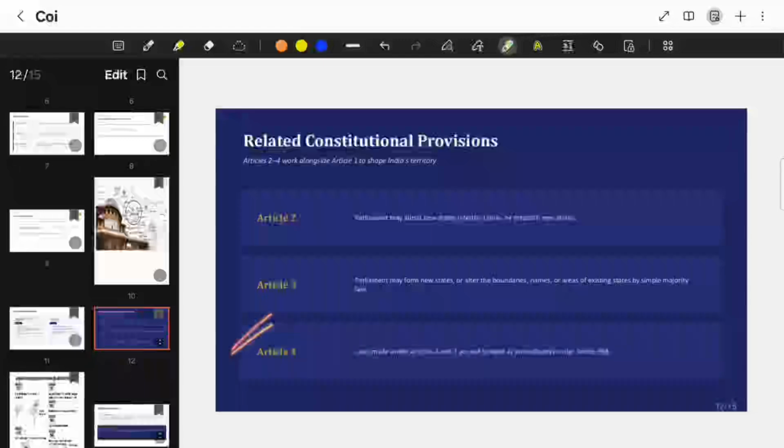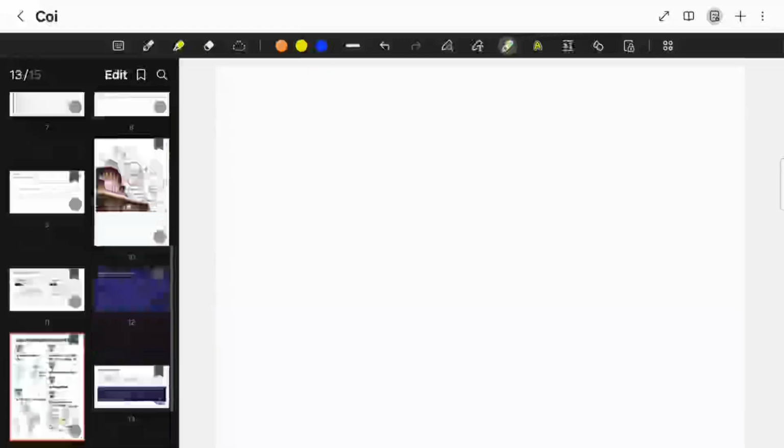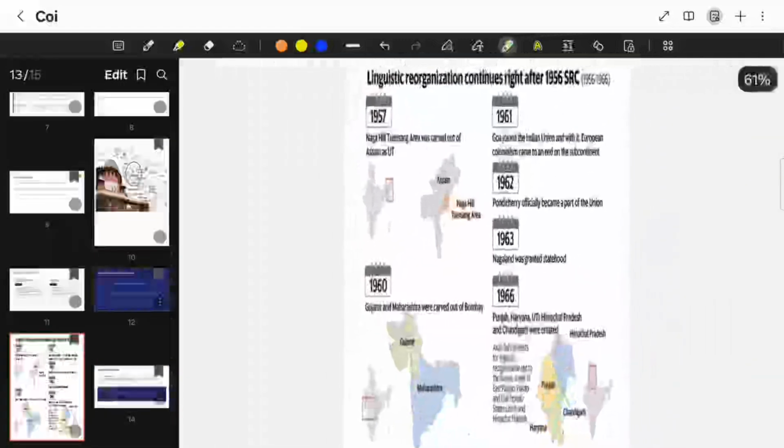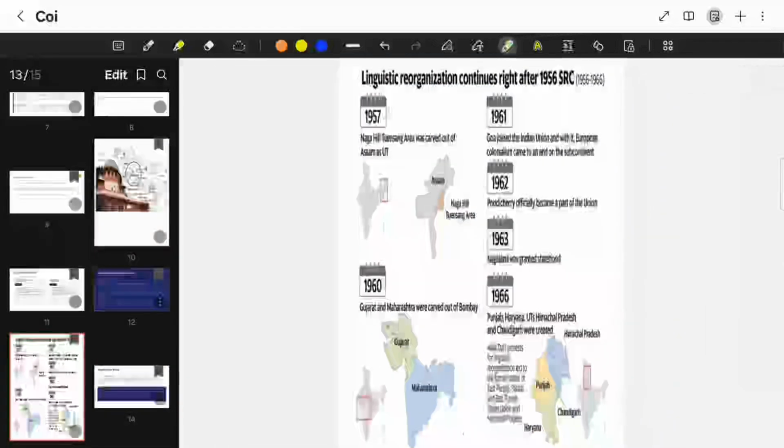Article 4 states that laws made under Articles 2 and 3 are not treated as amendments under Article 368. This is actually why India has been able to reorganize its states so many times since independence. New states, renamed states, redrawn boundaries, all without touching Article 368 each time.